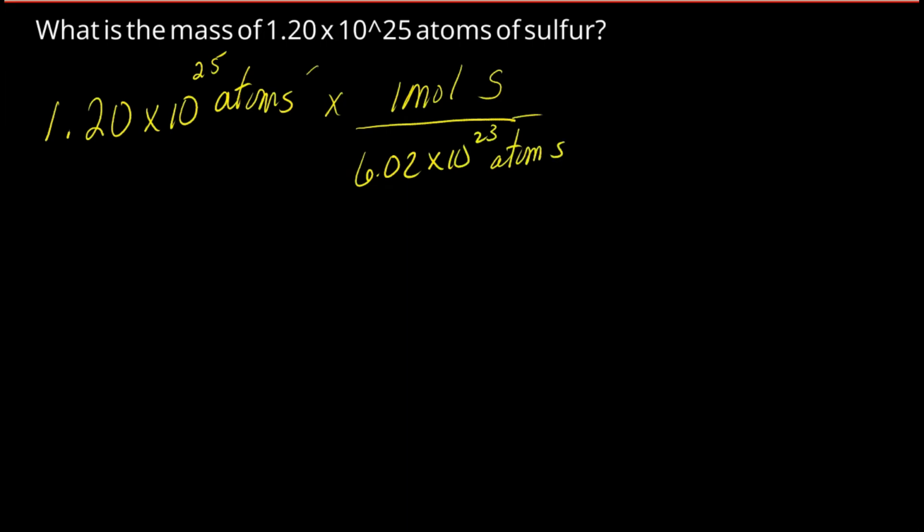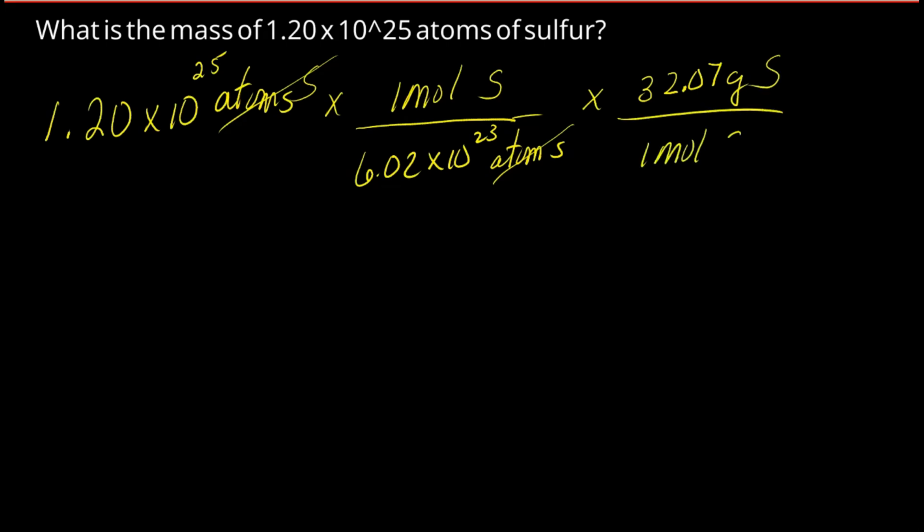So that gives me atoms of sulfur, cancels atoms of sulfur. And then 32.07 grams of sulfur per 1 mole of sulfur. So this gives you 639.27 grams of sulfur.